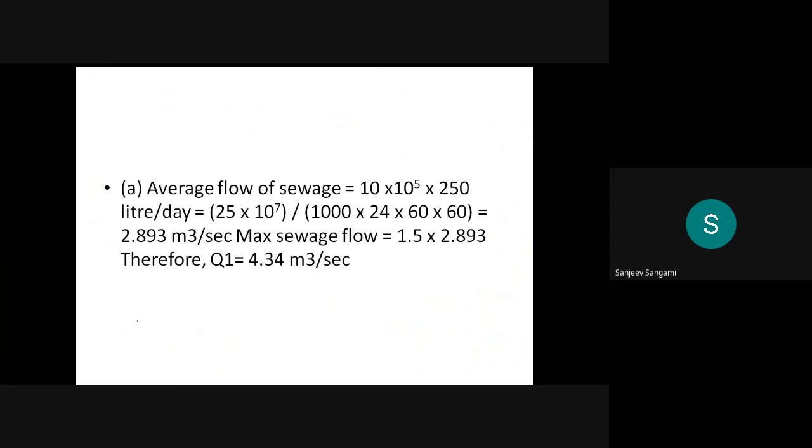Once the population has been calculated, our job is to calculate the sewage flow. Here you can see the population is 10 lakh, which we got, and 250 is the rate of demand.